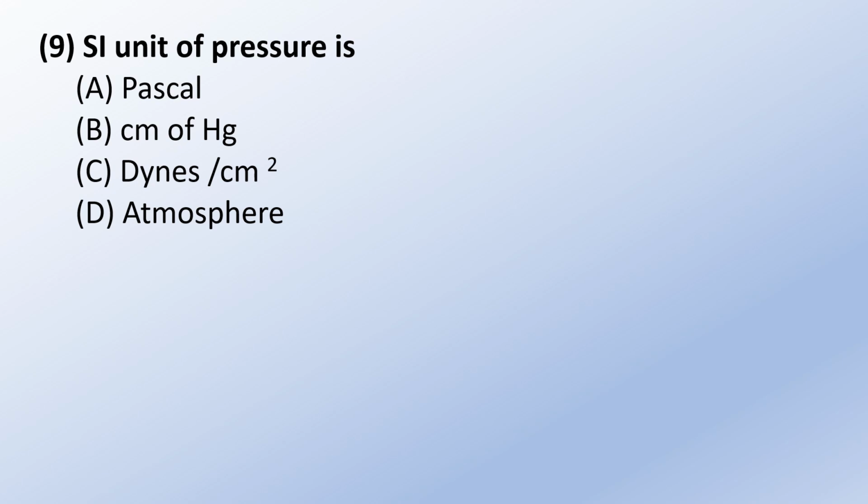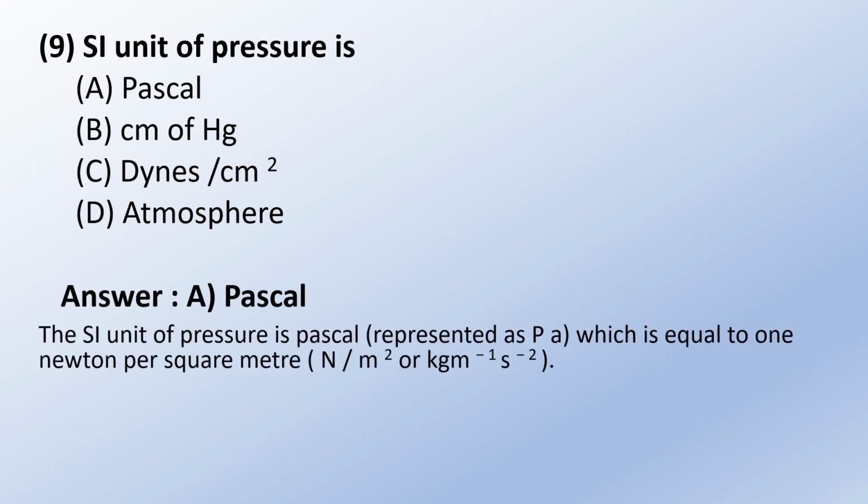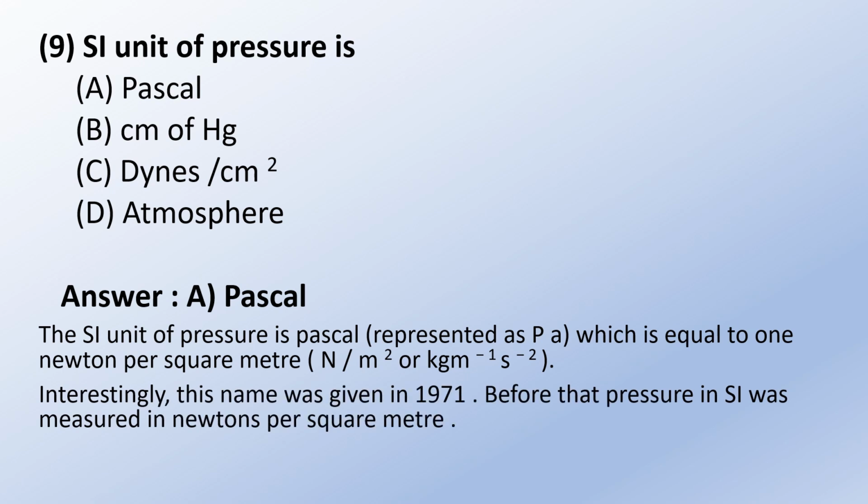SI unit of pressure is A. Pascal, B. cm of Hg, C. Dynes per cm square, D. Atmosphere. Answer: A. Pascal. The SI unit of pressure is Pascal, represented as Pa, which is equal to 1 Newton per square meter or kg per meter per square second.